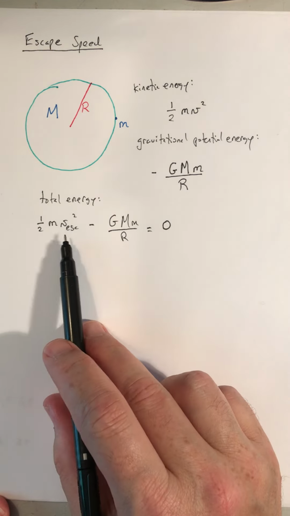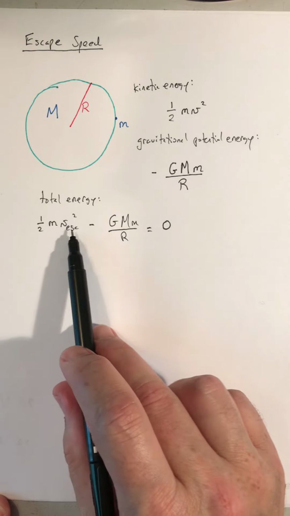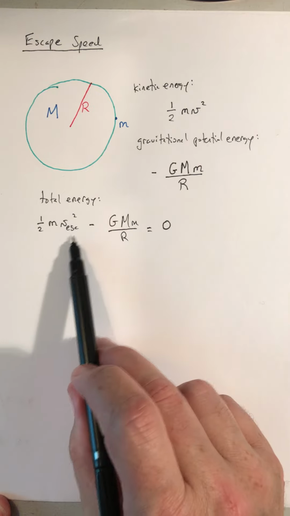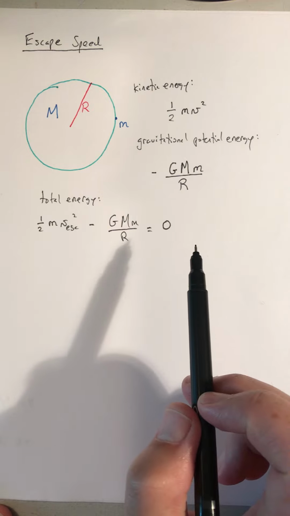So if it's moving faster than the escape speed, the total energy will be positive. If it's moving slower than the escape speed, the total energy would be negative. And at the escape speed, the total energy will equal 0.